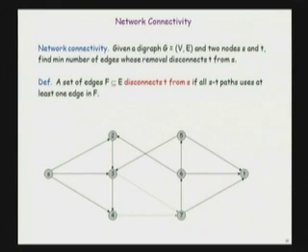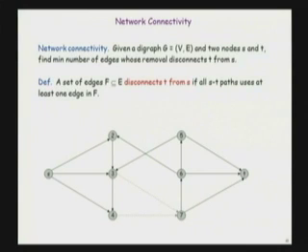Okay, so we mentioned this idea of having more reliability, and we have this idea of network connectivity, which we can define as being the minimum number of edges whose removal disconnects S from T. Now, we just said if we had two disjoint paths, any single edge could not disconnect S from T, right?